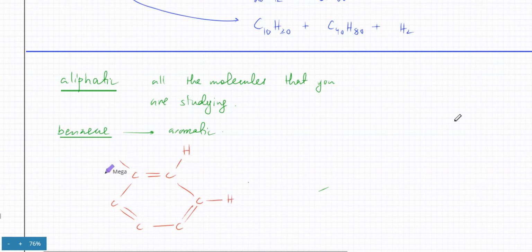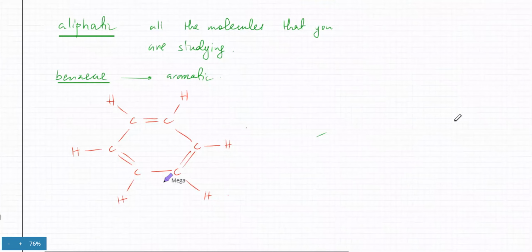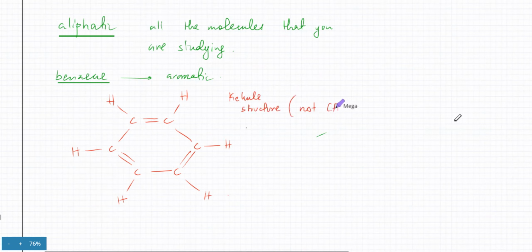You can see that each carbon atom is identical. This structure is in your course, and it is known as the Kekulé structure. This is not the CIE representation of benzene. The reason I've drawn it is because it's easier to understand.